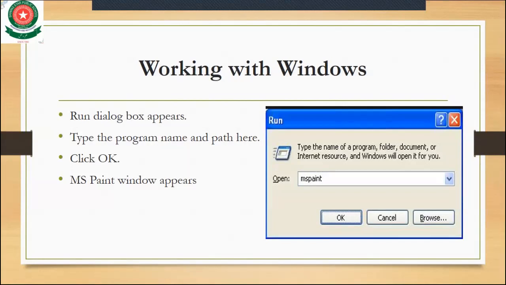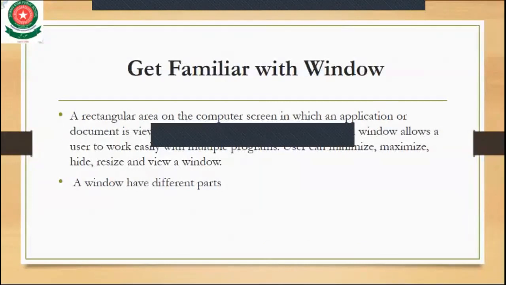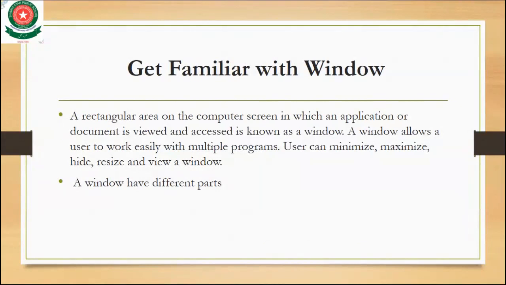Okay, class. Next is getting familiar with the window. What is a window? This is all about the window: how a window has different parts, how you can minimize, maximize, resize and view a window.